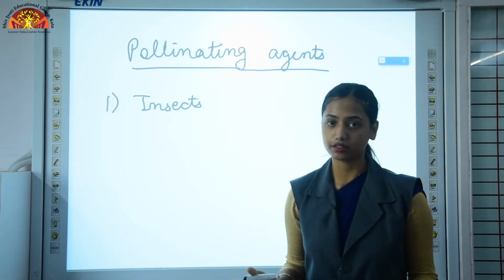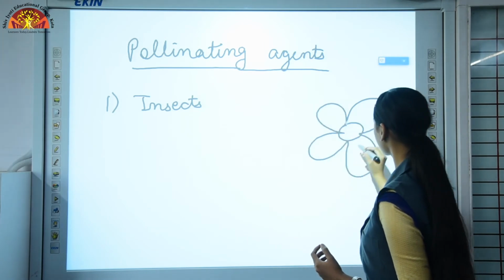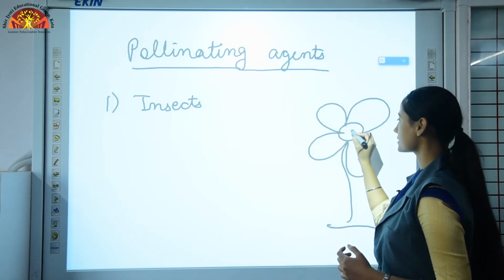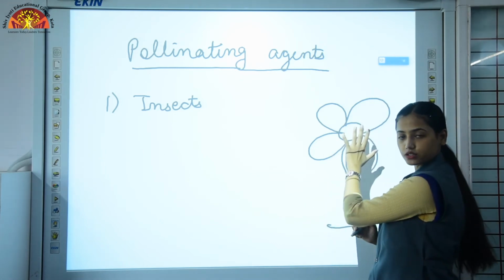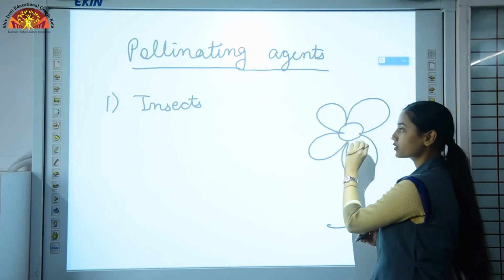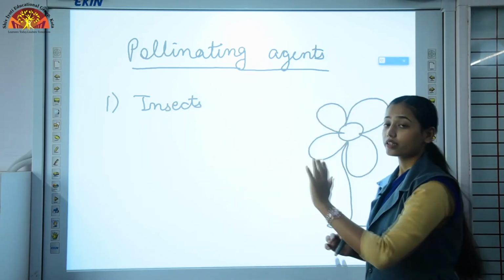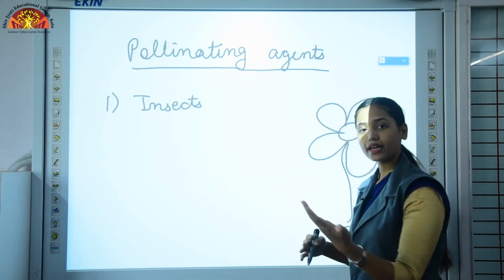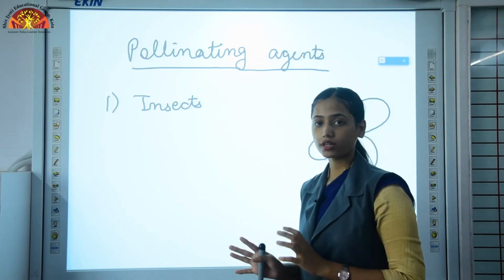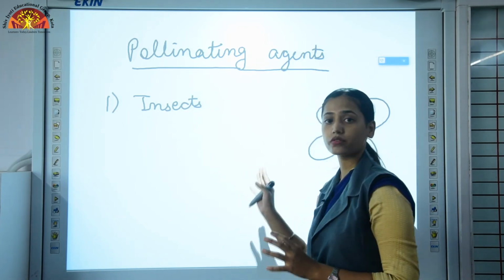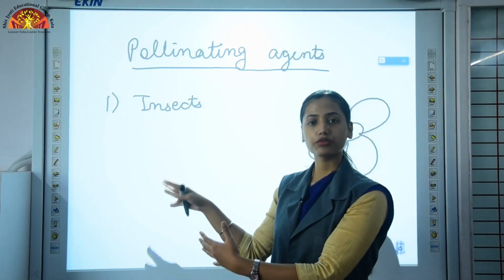They are of different colors. So when, let's say this is any flower, when any insect sits on the flower, the pollen grains which are present on this flower get stuck to the feet of these insects. Now when these insects fly and sit on another flower, their feet carry pollen grains, so they will transfer those pollen grains from this flower to the other flower on which they sit.